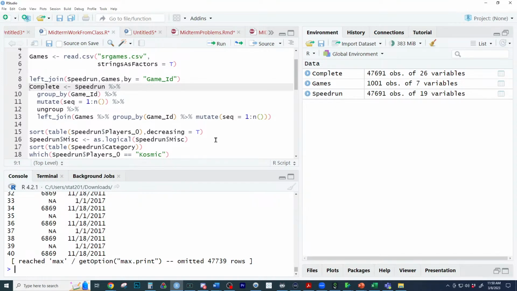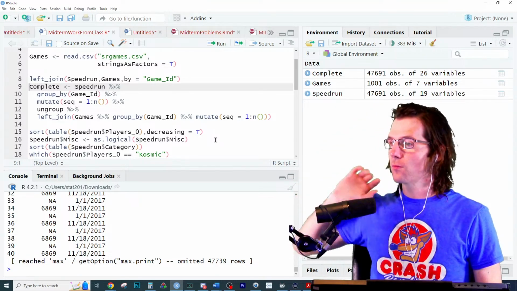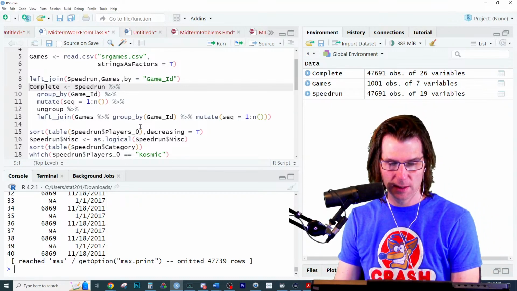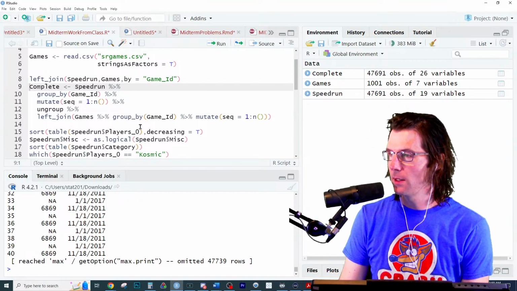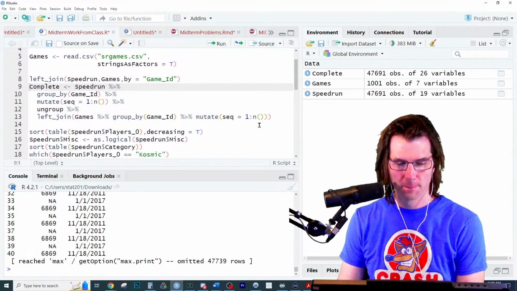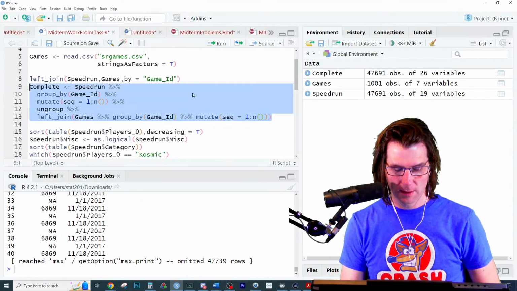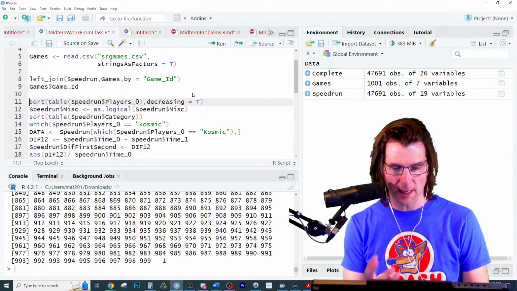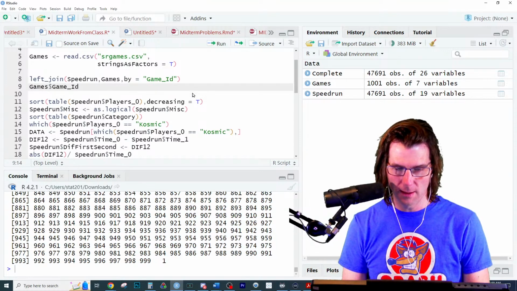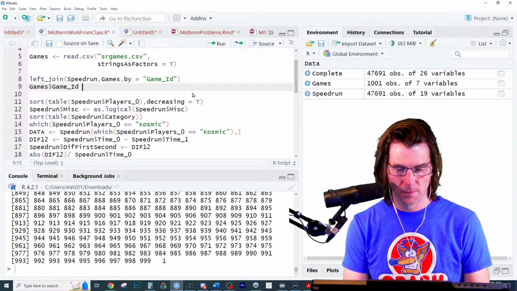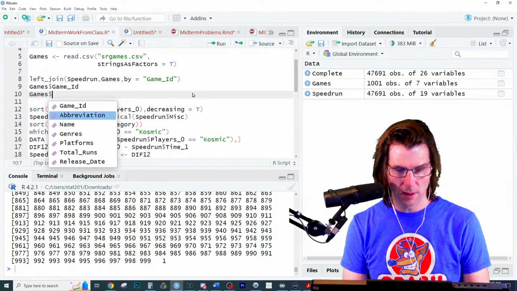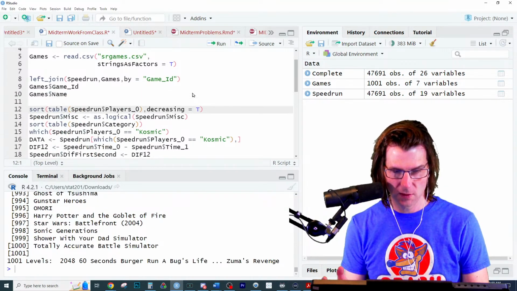There might be. I'm going to take a second right now. I might write better code. You know what I could do? I think I have a better way of doing it. Game ID is that, and then the name of the game is this.